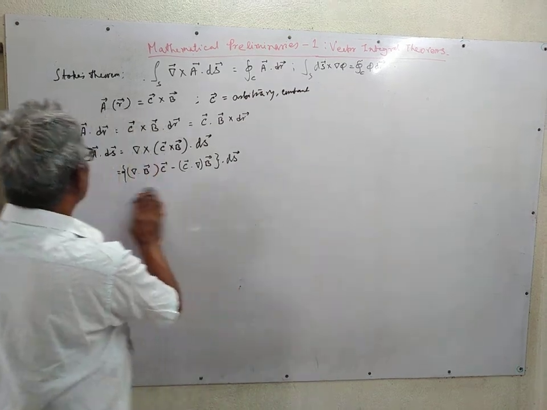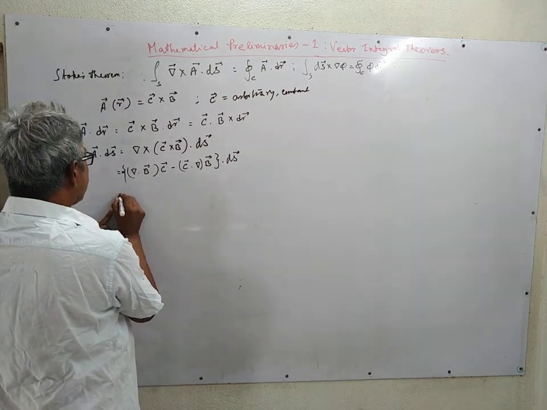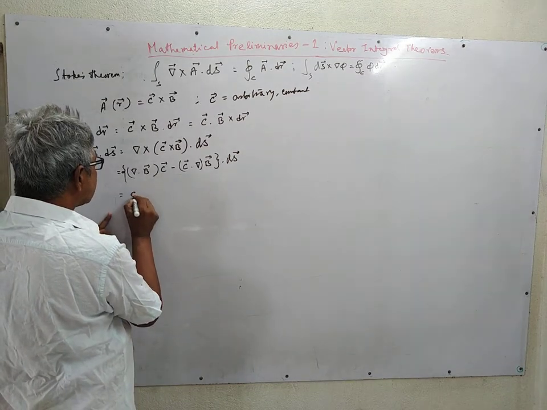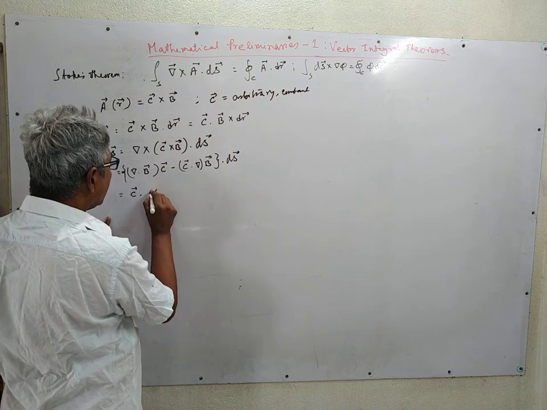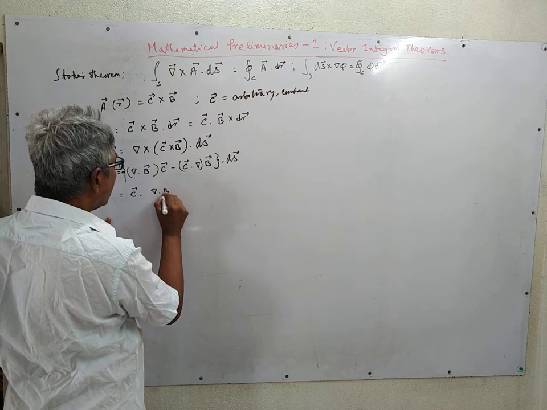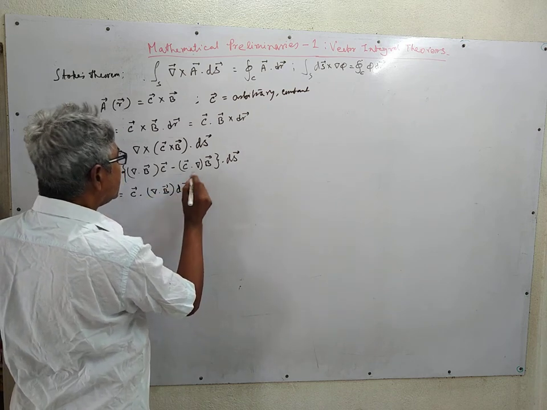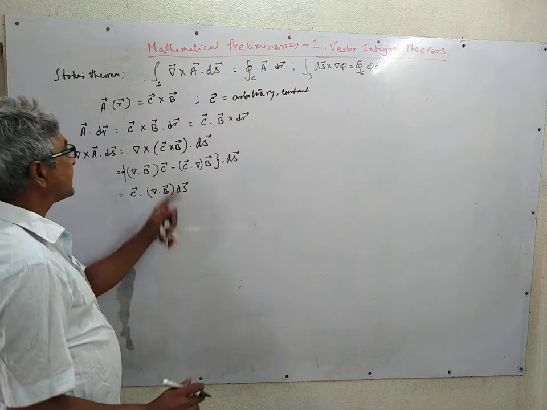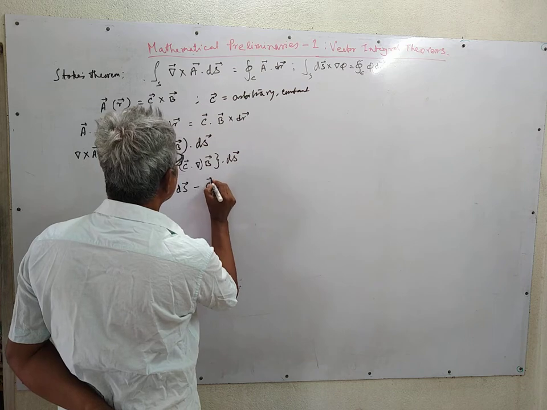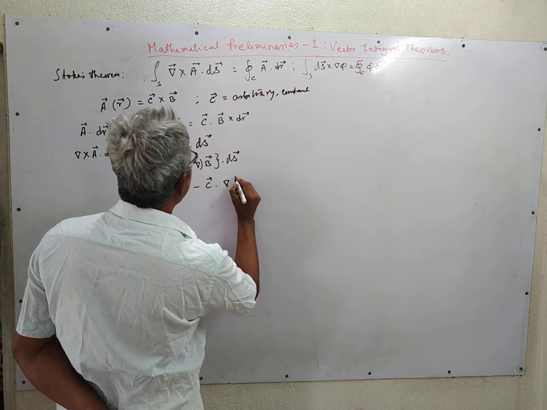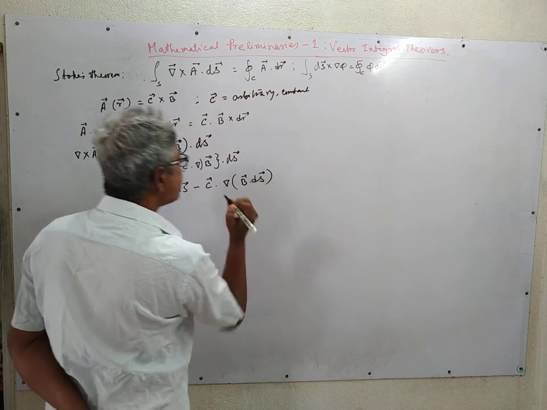So the first term can be written as C dot, and the second term is written as minus C dot grad operating on B, dot ds.